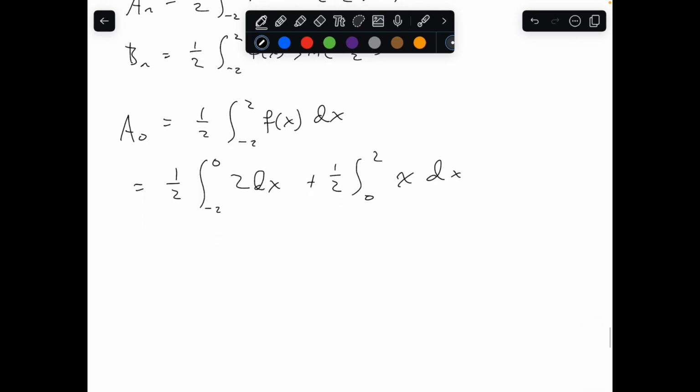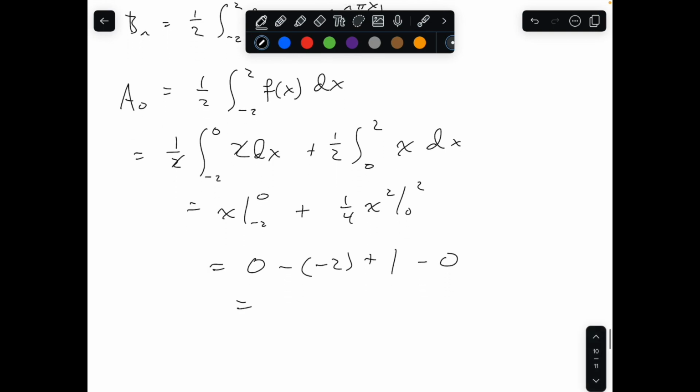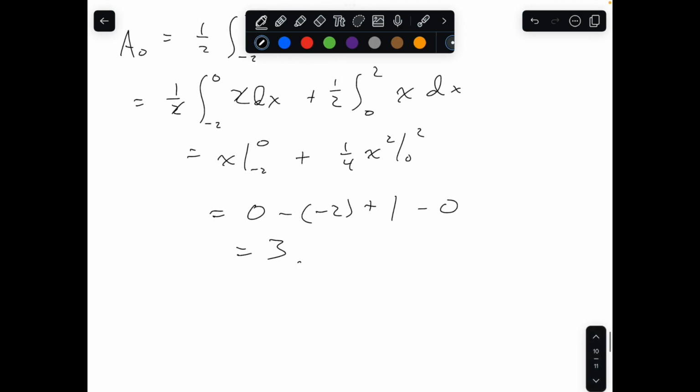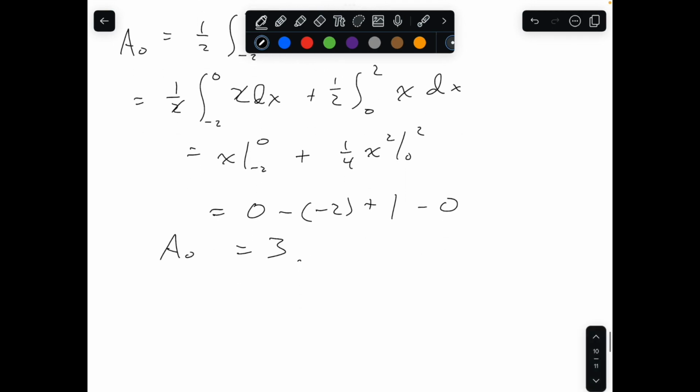The 2's cancel, integral of 1 is just x, and then this gives you 1/4 x squared, 0 to 2, and this should end up being equal to 3, I believe. I'll just do the integral: 1 minus -2 plus 1/4 of 4 minus 0, so that's 2 plus 1 is 3, so that's your a0.